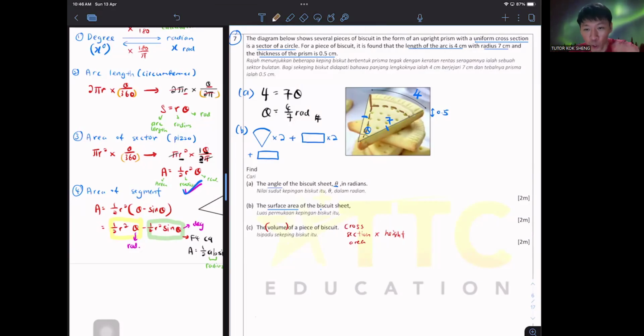I don't know why the answer only finds the part on top, only the sector on top, because it says surface area of the biscuit. So for me, I would think the whole thing. I'm not sure for you guys. Do you think the whole thing also or only on top? Because the answer only finds the top surface. Yeah, you only think the top one? Sure or not?